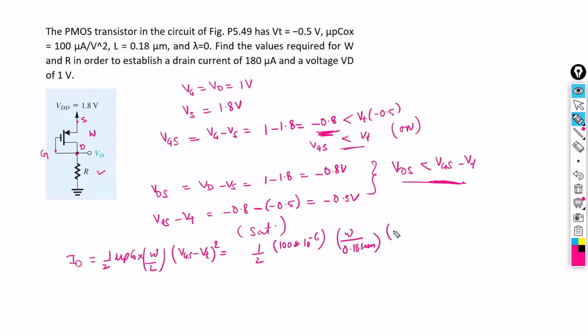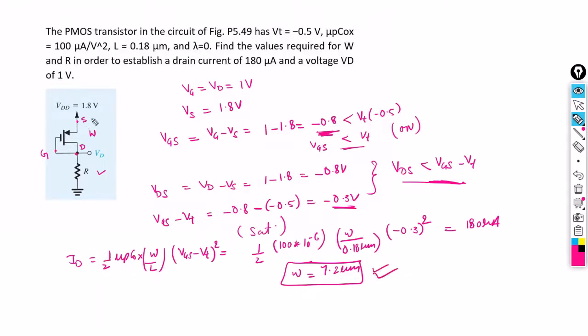VGS minus Vt is minus 0.3, squared, and the value of drain current is given to us, which is 180 microampere. So we can find out W here as 7.2 micrometer. So the width of the PMOS transistor for the given parameters is 7.2 micrometers.